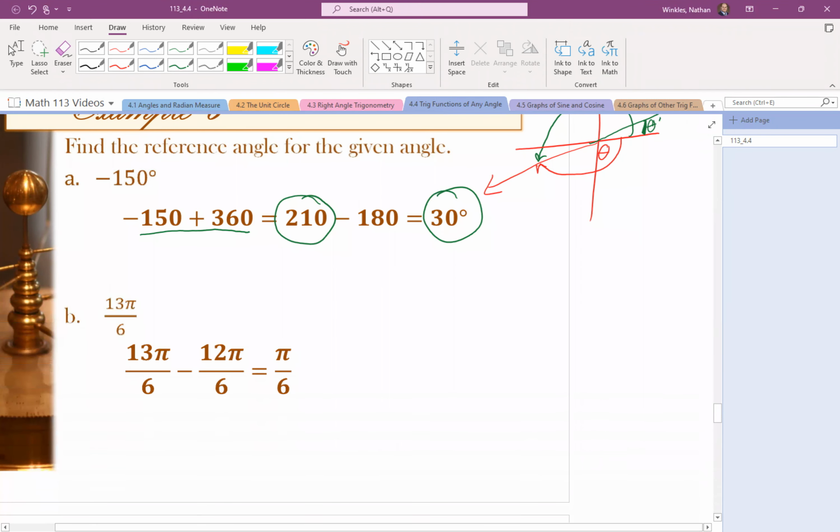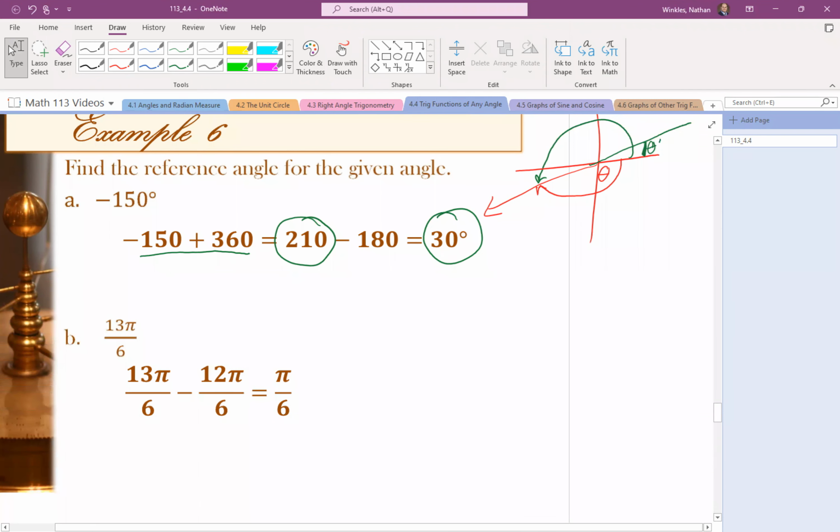In terms of radian measure, it's a little bit more complicated, but take 13 pi over 6. Notice that the 13 is greater than 2 times 6, which is 12. Notice that my numerator is greater than 12.